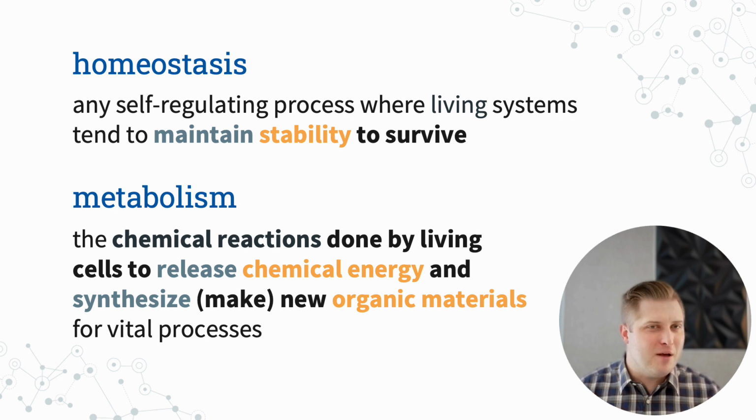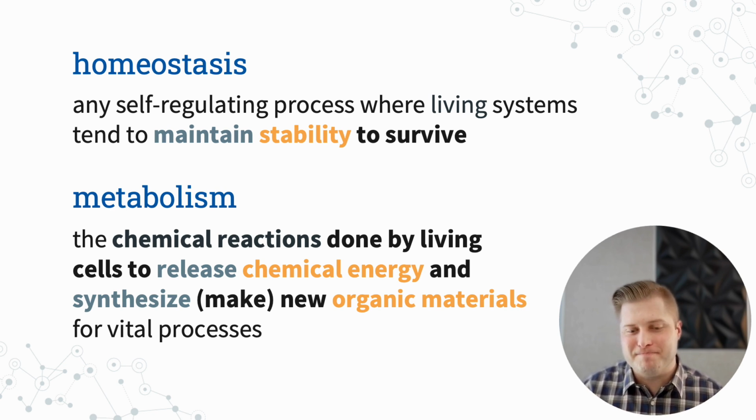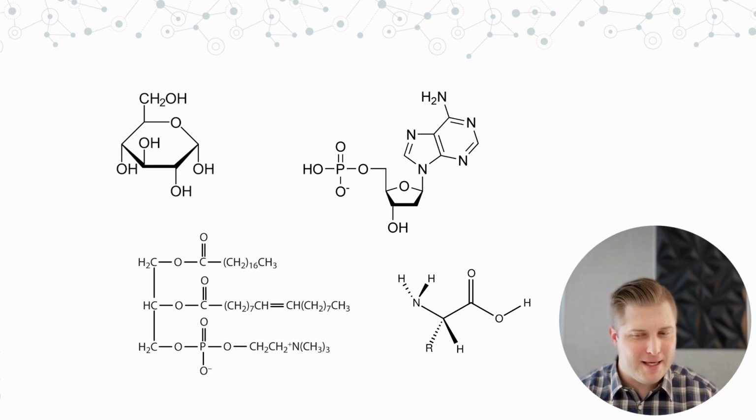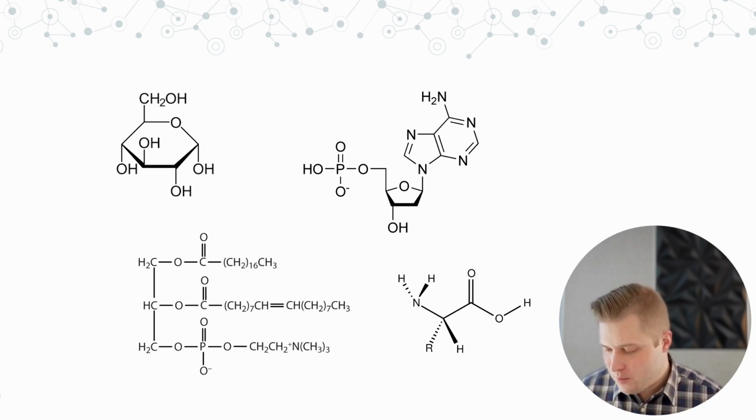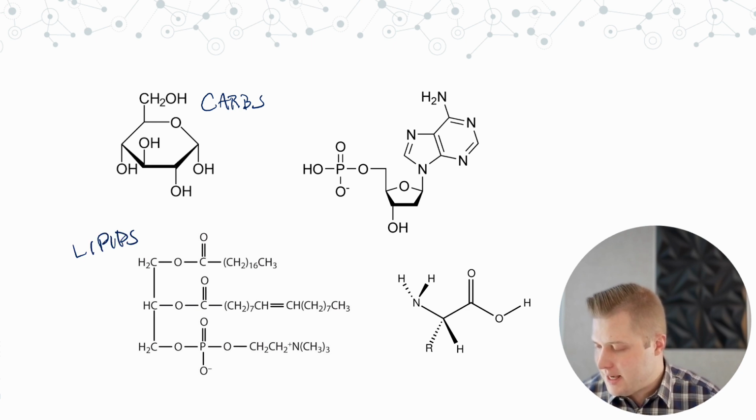Let's remind ourselves what our component biomolecules are. Inside cells, we've got our biomolecules. We have things like our carbohydrates, the carbs, and our lipids, and proteins, and amino acids.